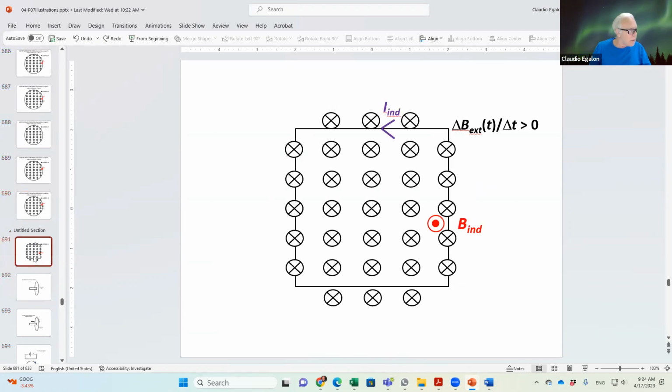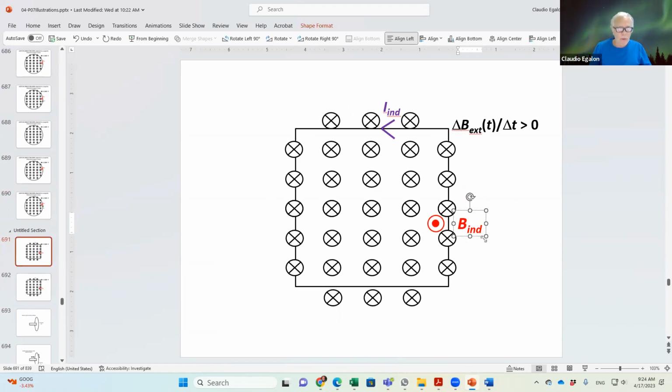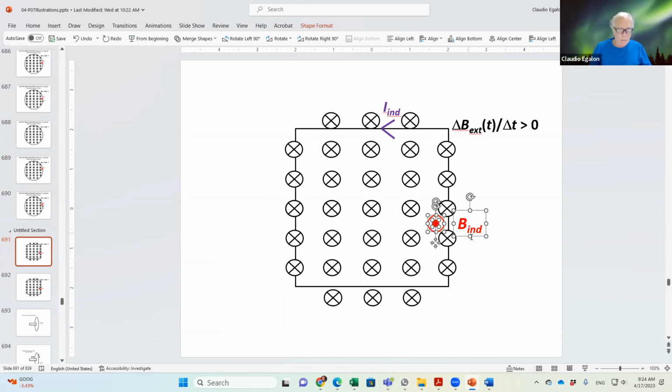We have a magnetic field, not induced yet. Let's do this step by step.